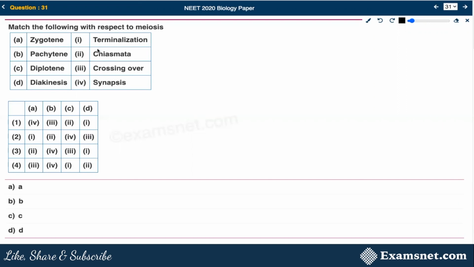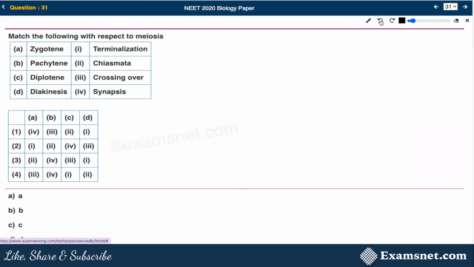If we match with the respective options given over here, zygotene, the very first option, is related to the process of synapsis.